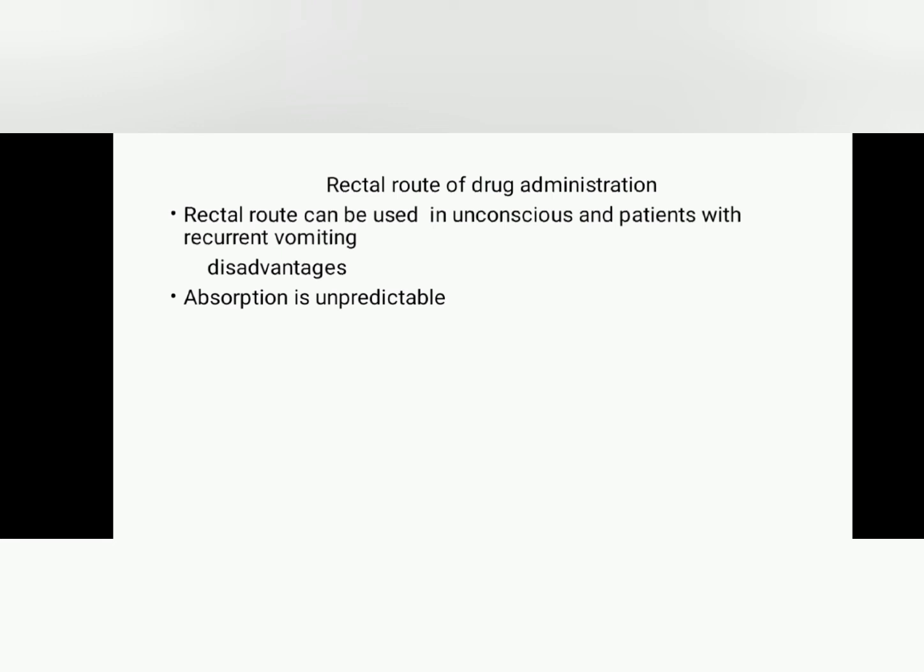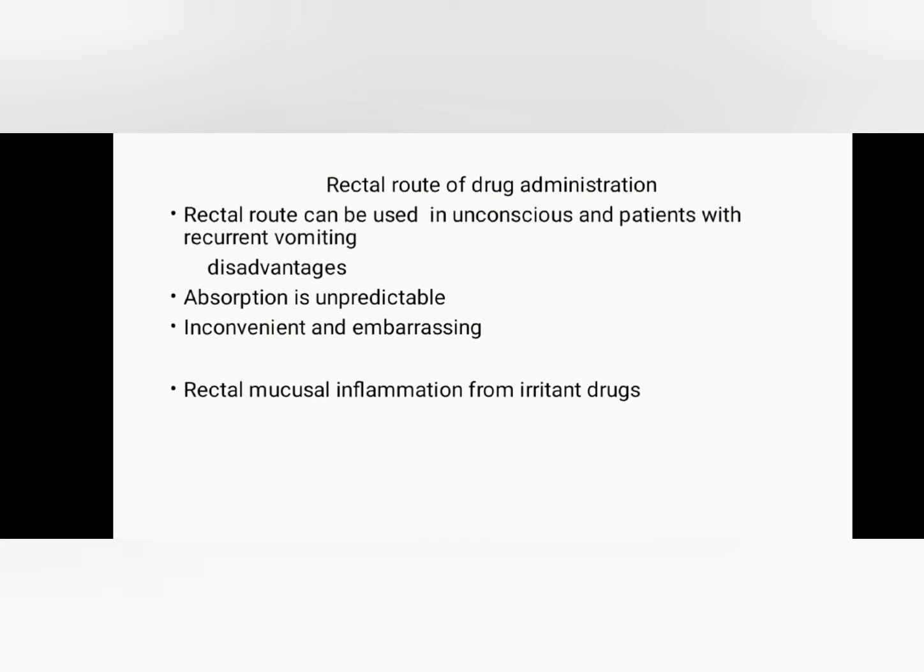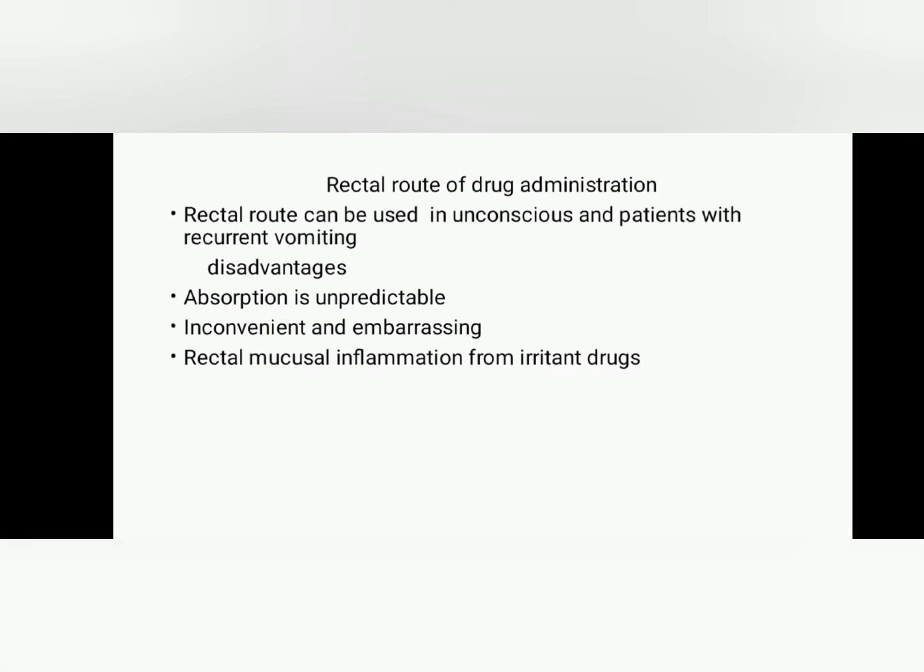But when it is absorbed in the internal hemorrhoidal vein, it passes through the liver, so first pass metabolism takes place there. So absorption is unpredictable. This route is inconvenient and embarrassing. Irritant drugs can also cause rectal mucosal inflammation.